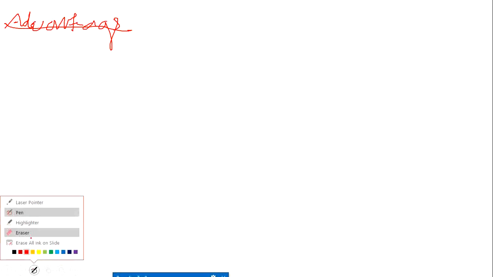If we concentrate on advantages, my handwriting will not be very good, so I'll use small letters because I cannot write clearly.